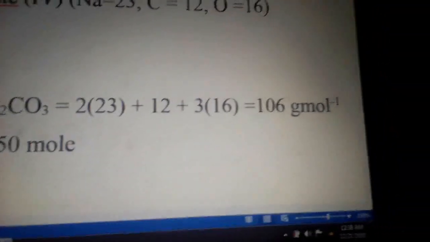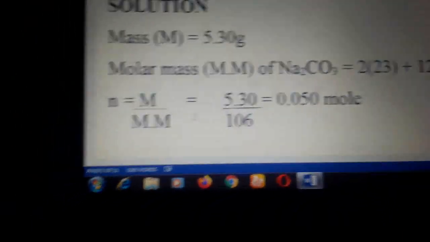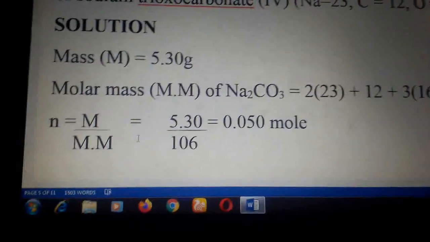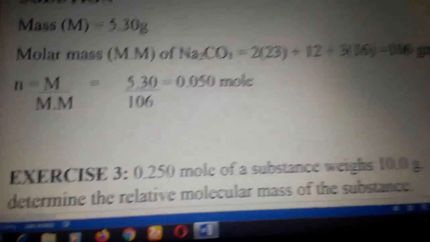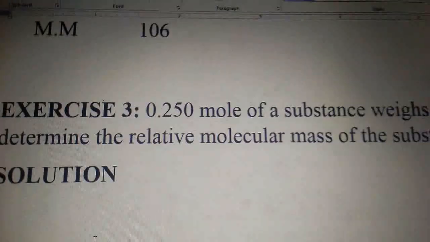Adding everything together, the molar mass is 106 grams per mole. So we go back to the formula. Being a compound, equation 2 applies, mass over molar mass. So I divide 5.3 by 106. I get 0.05 mole as the number of moles.